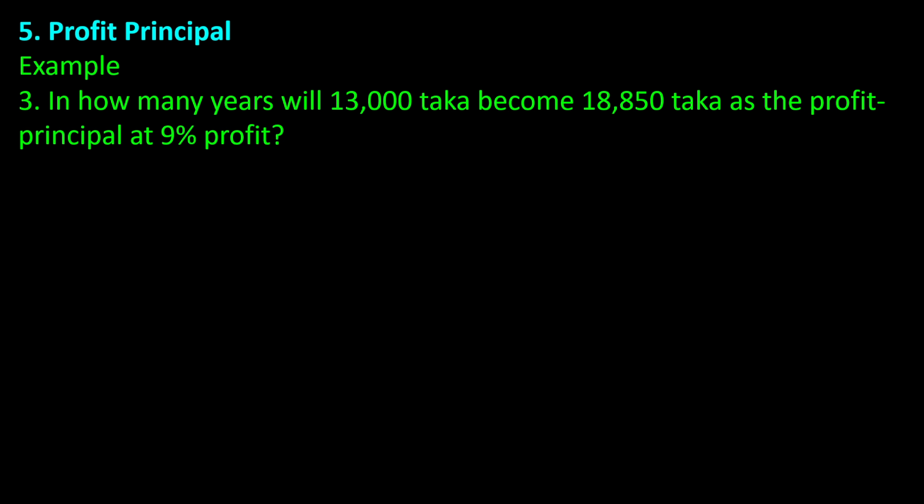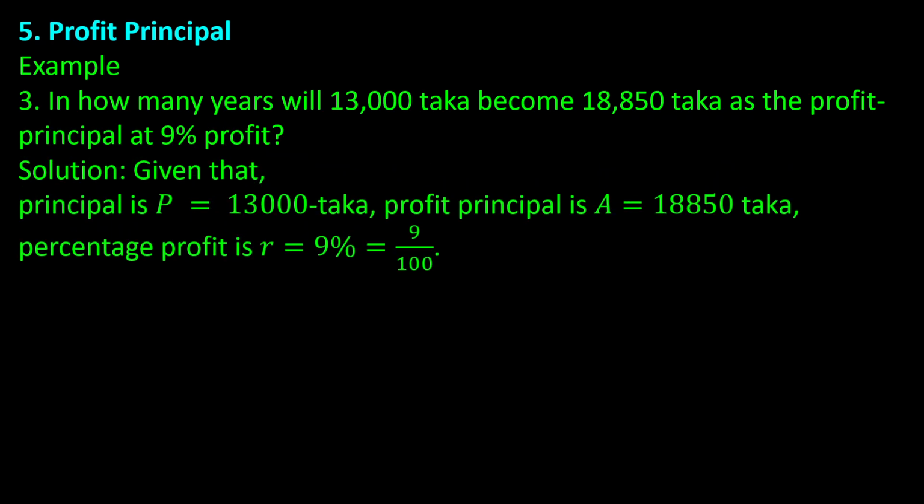Dear students, let's have a look at the third problem. That means third example. In this example, we can see that in how many years will 13,000 taka become 18,850 taka as the profit principal at 9% profit.